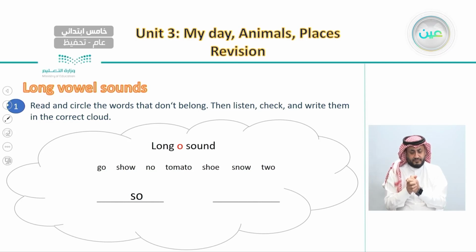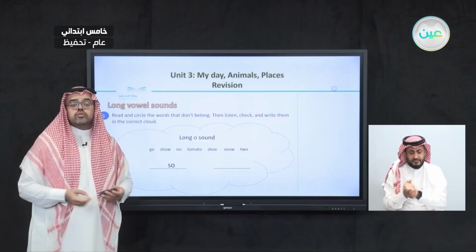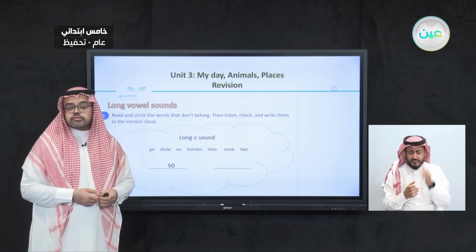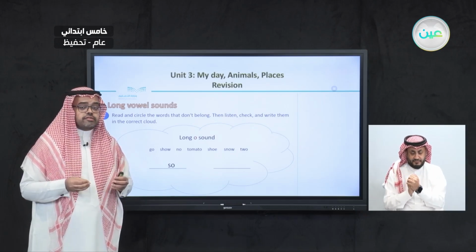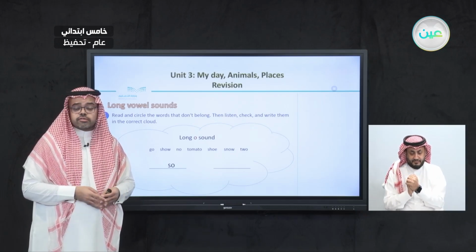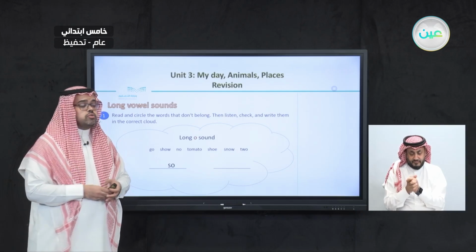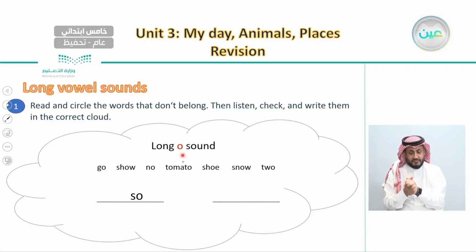So let's remind ourselves of how to answer this exciting exercise. We're going to read the name of each cloud, and I also want you to listen and say all of these words with me, so you can know what is the sound that does not belong to the cloud.